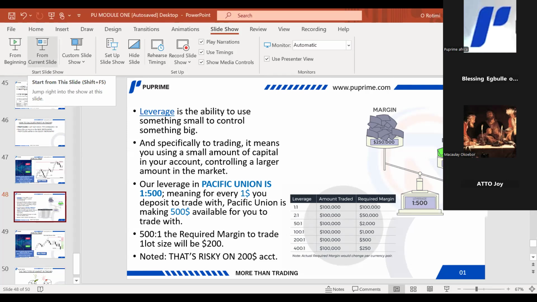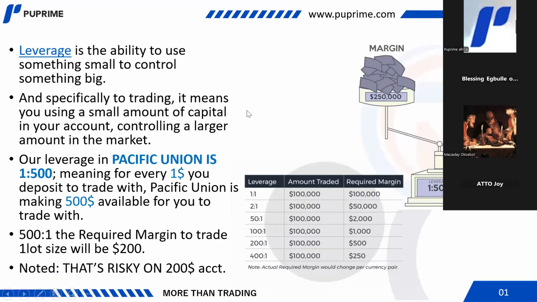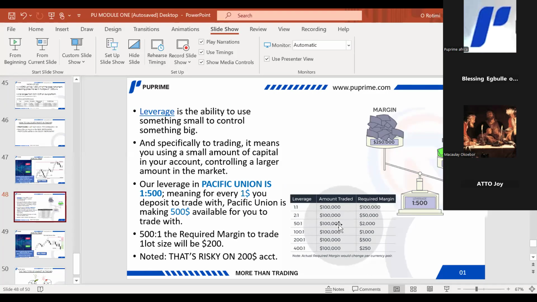So what leverage does is that it boosts our account in such a way that it now resembles the amount that was being traded back in the days. So in such a way that now you can trade with $10,000, $20,000, $5,000, $1,000, $300. That was not possible many years ago. But what made it possible now is the word leverage.